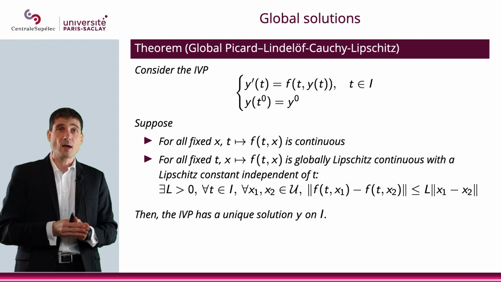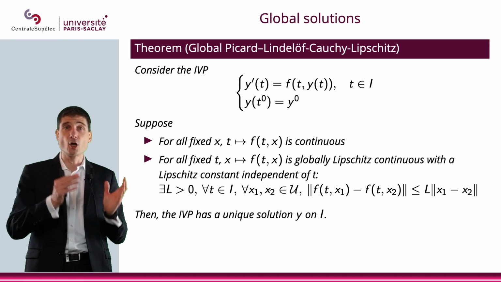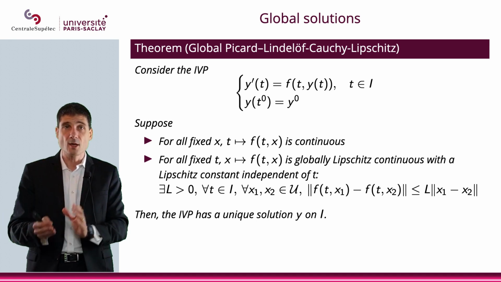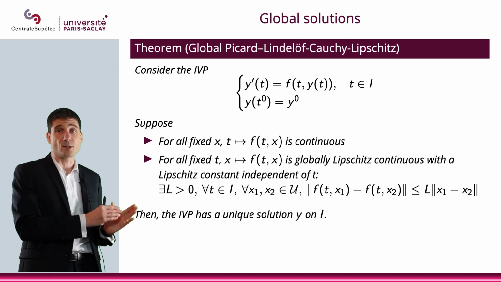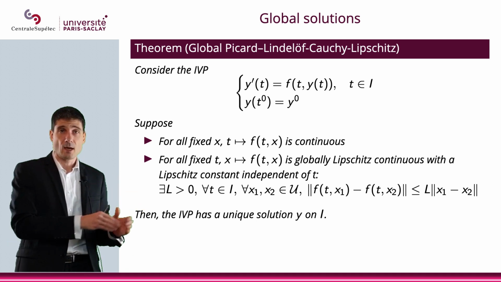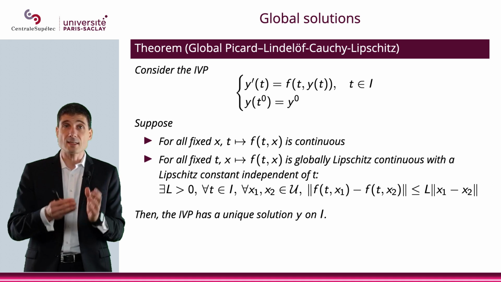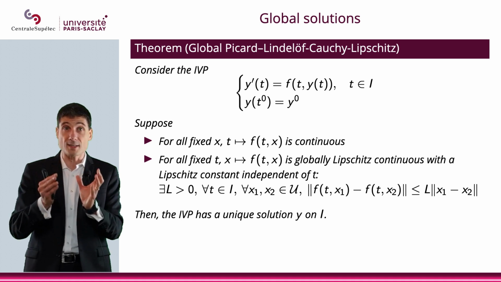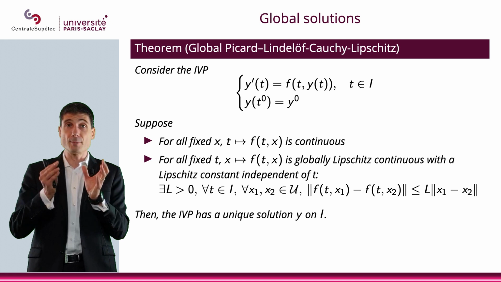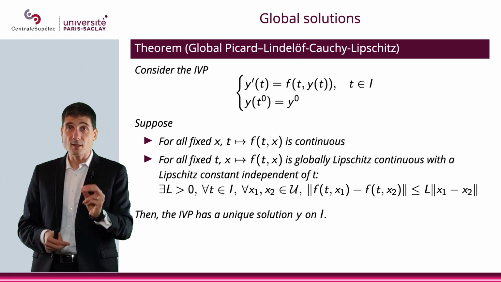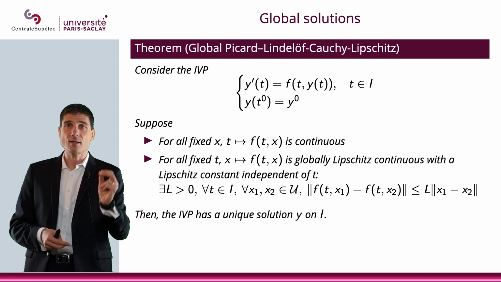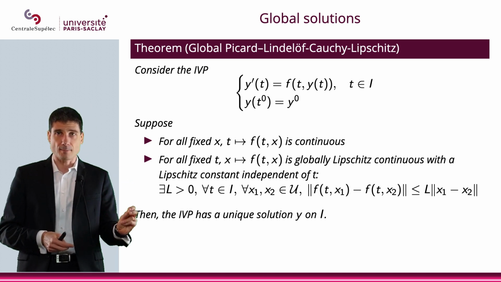Second hypothesis, we want to have a globally Lipschitz continuity with respect to the second variable, and this time t is the parameter, t is fixed. And what we want is that this global Lipschitz continuity is with a Lipschitz constant that is independent of the parameter t.